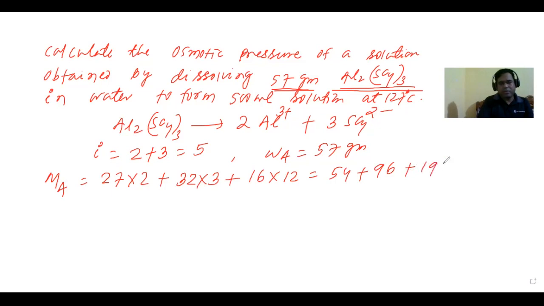That is 54, plus 96, plus 192, equal to 342. And then V is given that V equal to 500 ml.